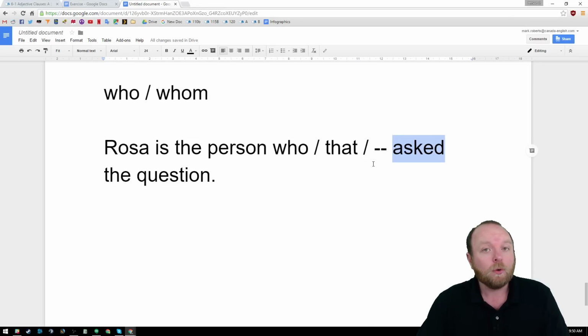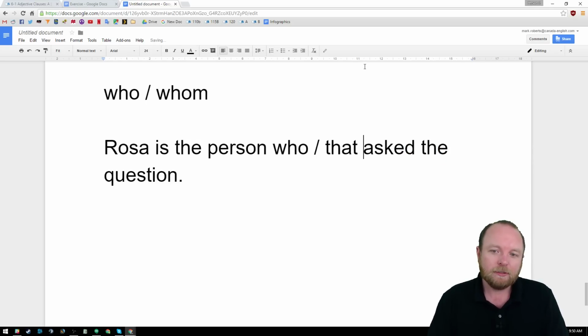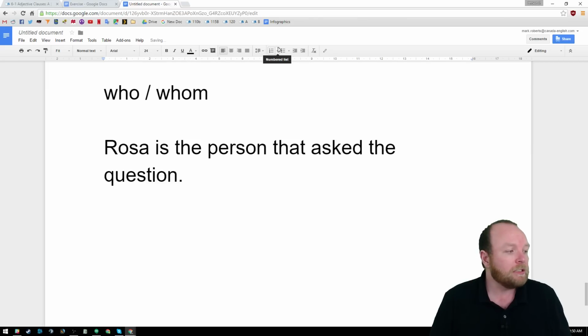Rosa asked. So nothing is not a choice, okay? And Rosa's question is, hey, can you give us an example of a relative clause with that? Look, here you go, Rosa. Rosa is the person that asked the question.